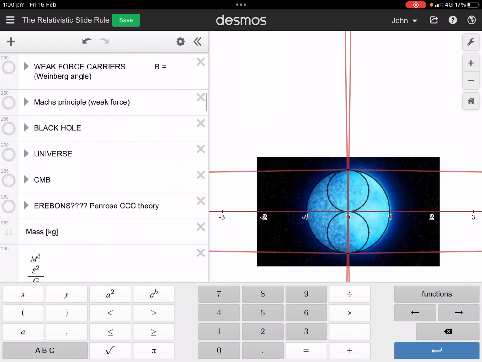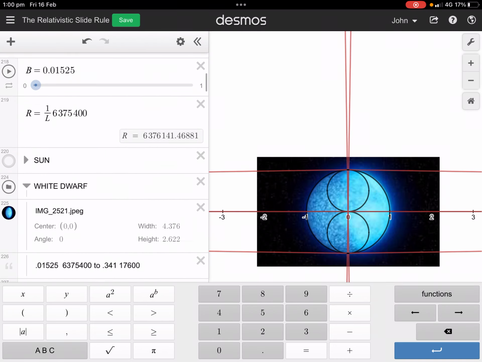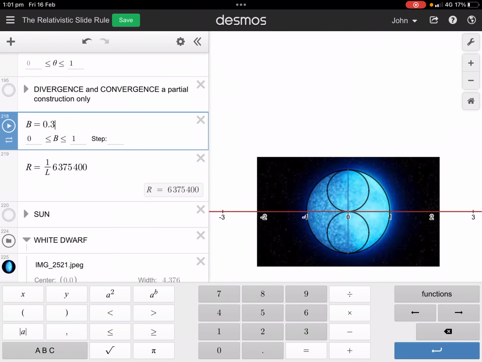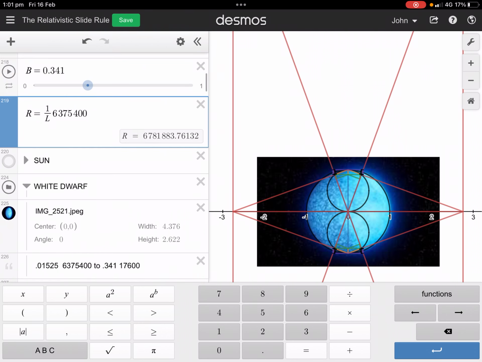Okay, what about it getting up towards a neutron star? Let's take that white dwarf up to 341 and drop its radius to about 17,600.